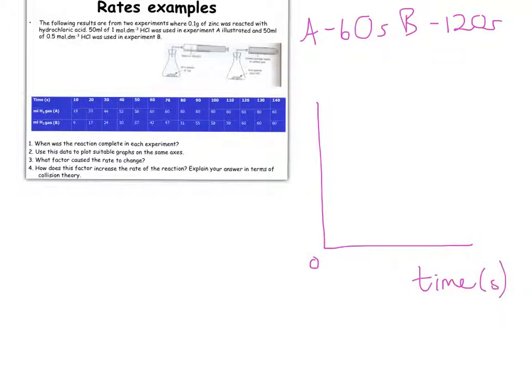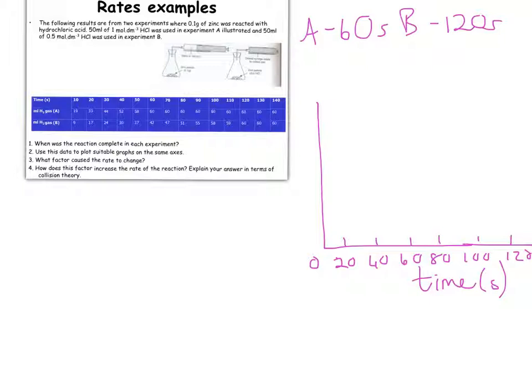And I would need to go up 10, 20, 30, 40. I don't have beautiful graph paper here, so I'm going to go up 20, 40, 60, 80, 100, 120. And those must be nice and evenly spaced.